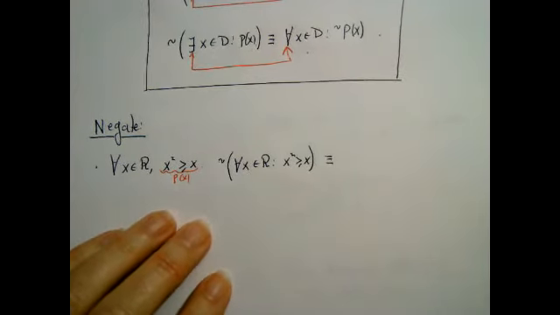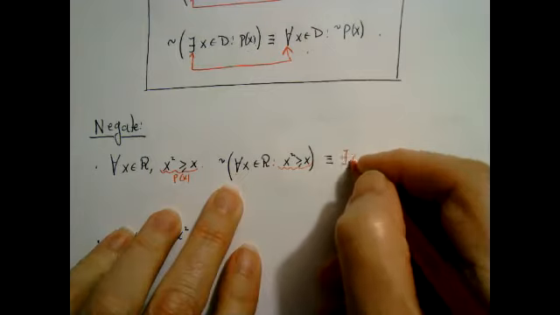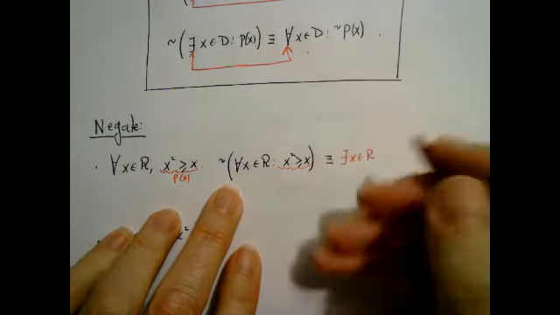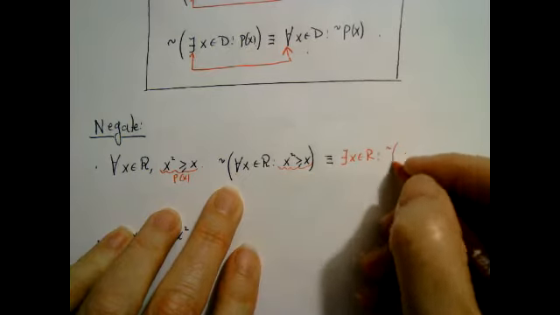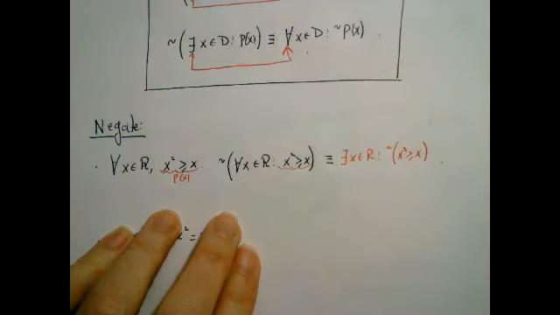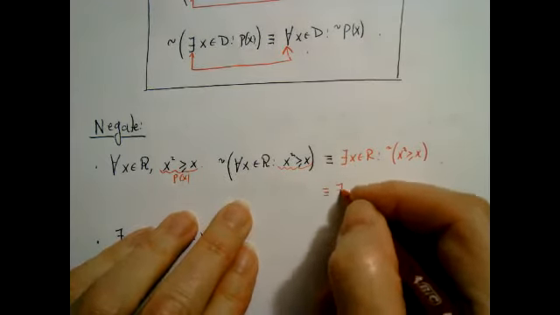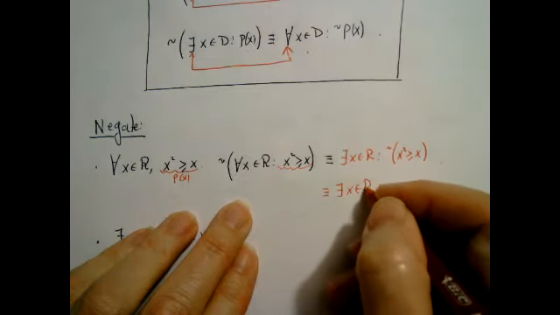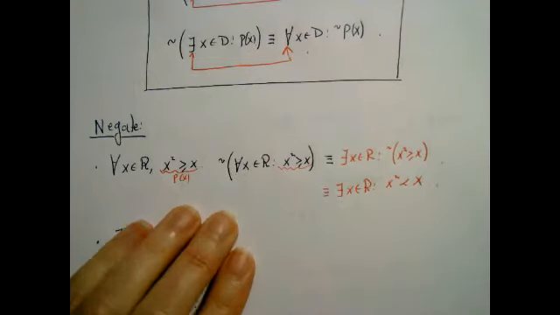So what's the negation of that? This is my P, very clearly. So the negation is: there exists x in R, that's the domain, we don't touch it, such that non (x squared larger or equal to x). But of course, we don't keep the "non" because we know how to negate this. It means I can find x such that x squared is strictly less than x.